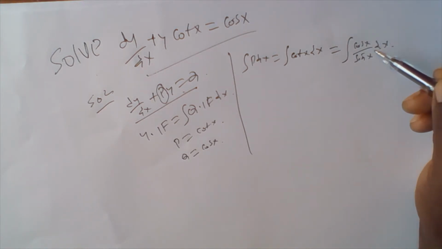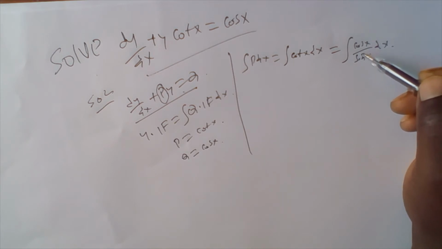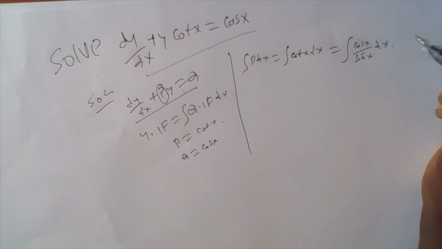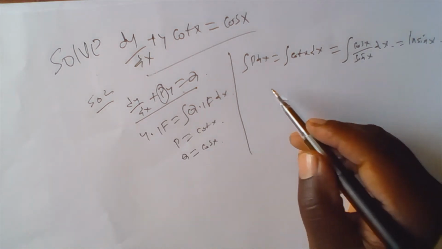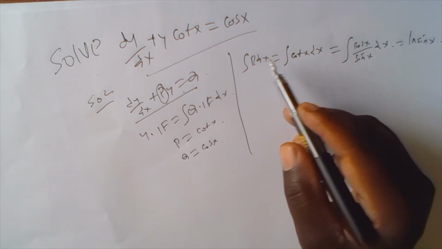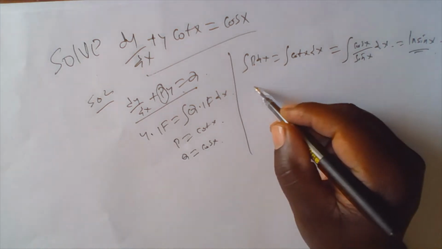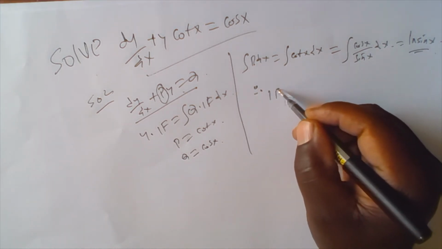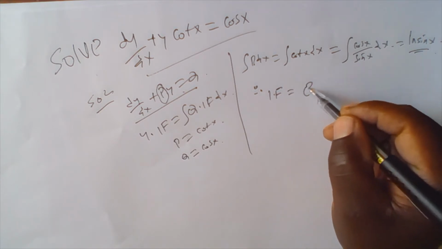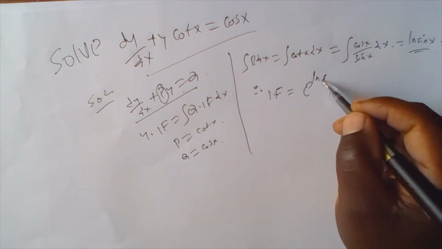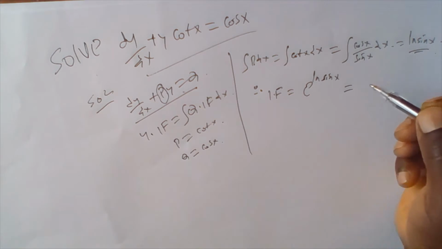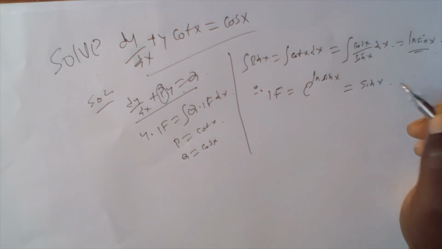Now when you integrate cos x over sin x, you get ln of sin x. Therefore, the integral of P equals ln of sin x, so the integrating factor equals e to the power ln of sin x, which equals sin x.